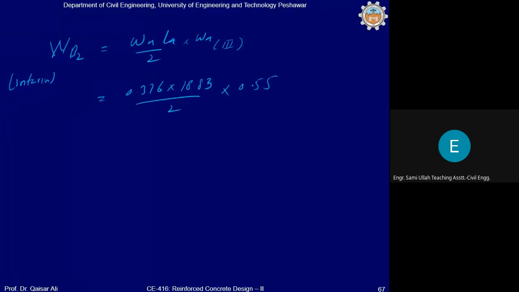Calculate. 1.73, 1.74 kip per foot. Verify: 0.336, yes sir, 1.73, 1.74. Right.